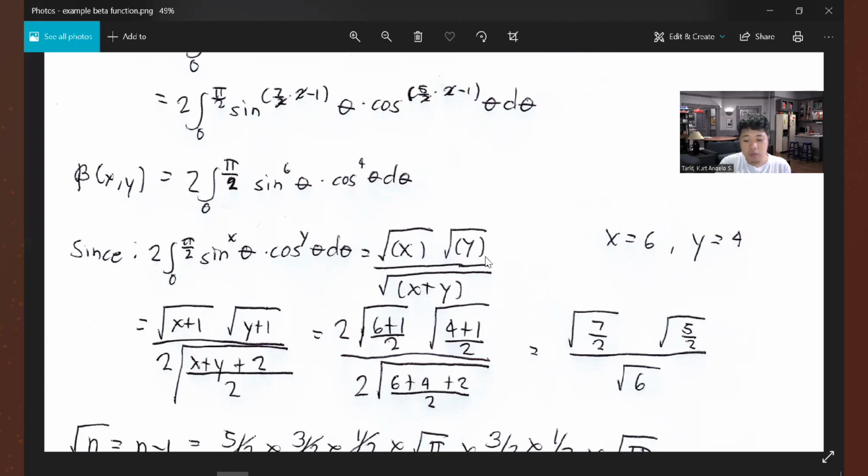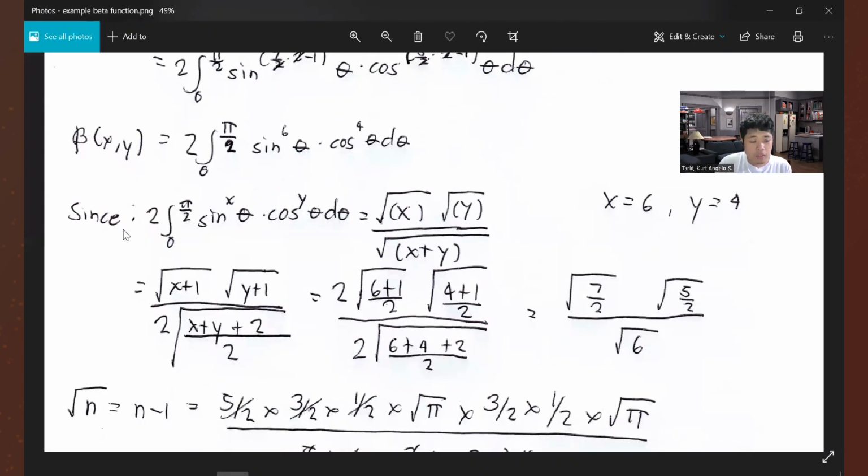So we will now express this using the gamma function. Since 2 integral from 0 to pi over 2 of sine to the x theta times cosine to the y theta d theta is equal to gamma of (x plus 1) over 2, gamma of (y plus 1) over 2, over 2 gamma of (x plus y plus 2) over 2. The values of x and y are 6 and 4.